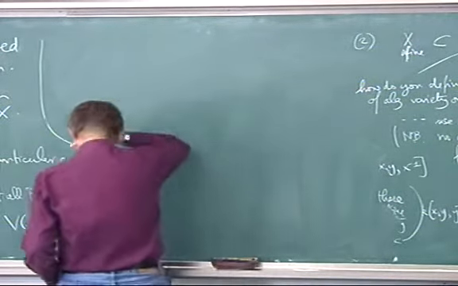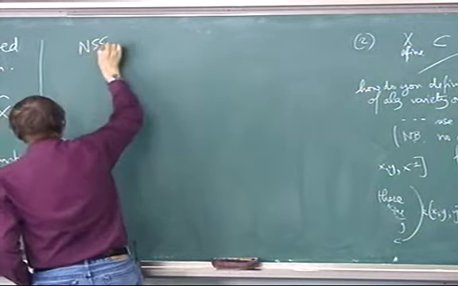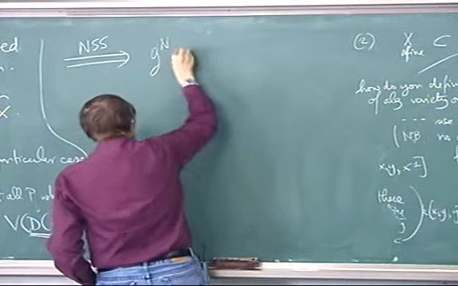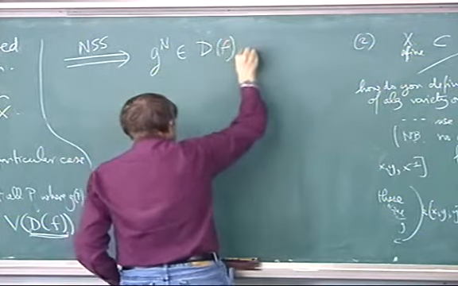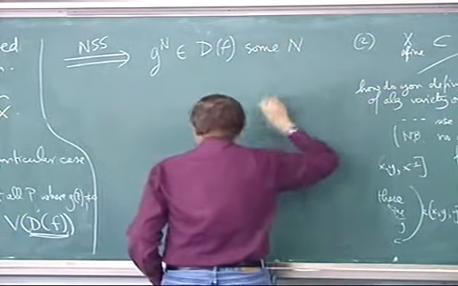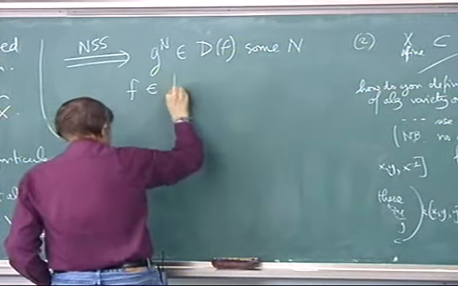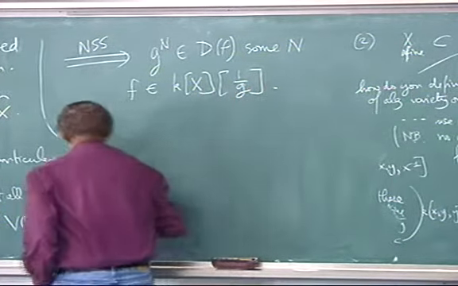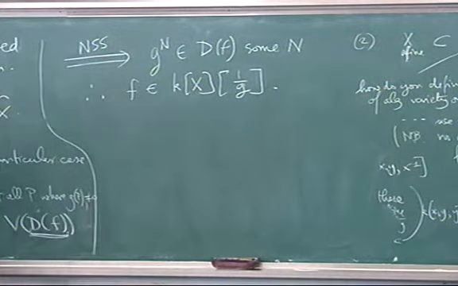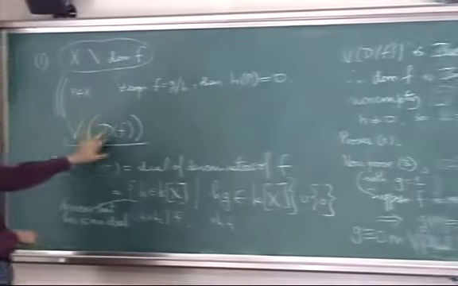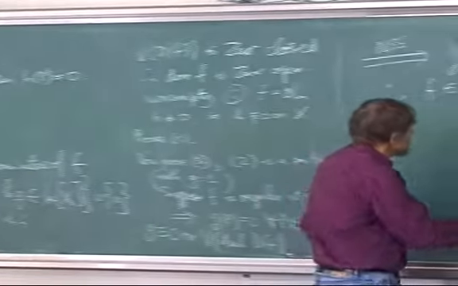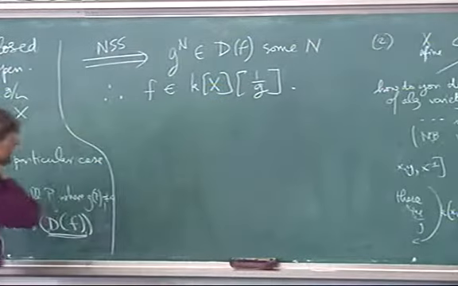So the Nullstellensatz implies that g to the n is in the ideal of denominators of f for some n. And this means that f is in k[x] of 1 over g. Okay, so it's actually a very simple statement as long as you have in mind that you're going to use this ideal of denominators of f, and you realize that this involves the Nullstellensatz.